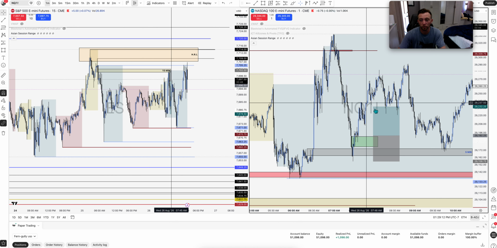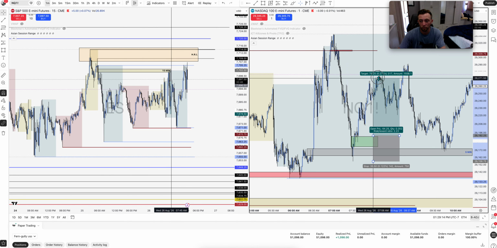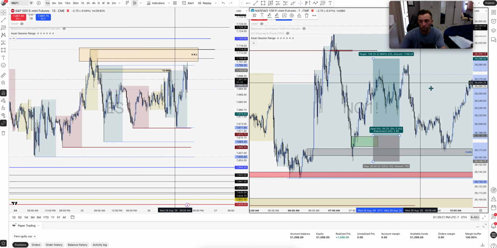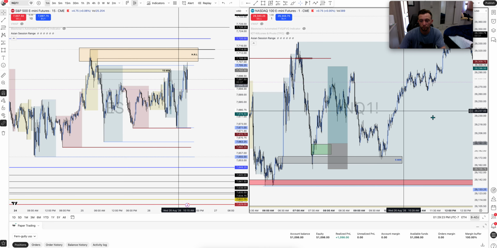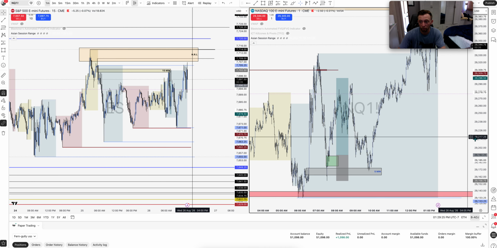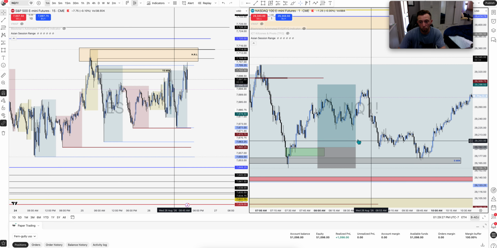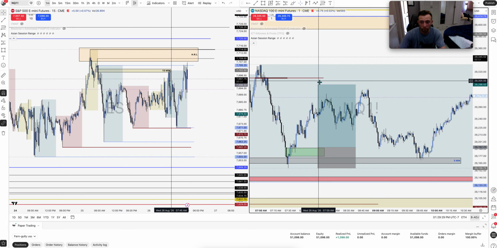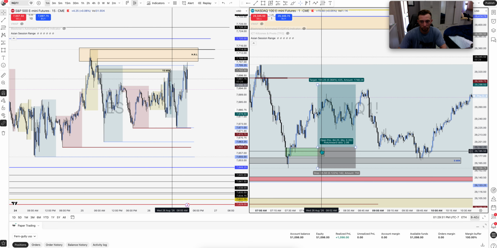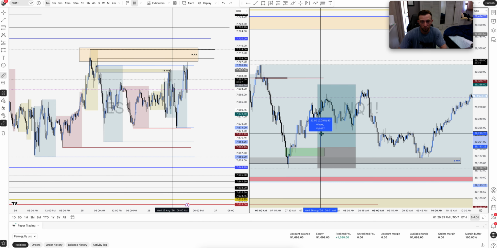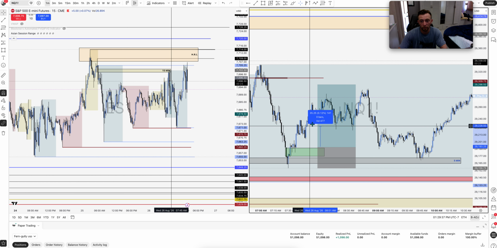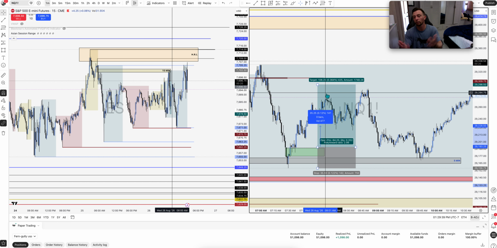Going for a 1 to 3, so somewhere 8, 9. So yeah, somewhere right there. Eventually it would have played out, but at this point, 1 to 1, I moved to break even, so 35 points from here. Yeah, 35 points, break even, and it would have ripped up, and that would have been it.